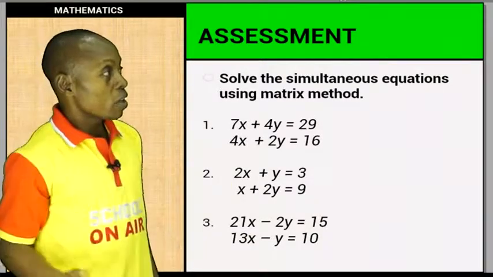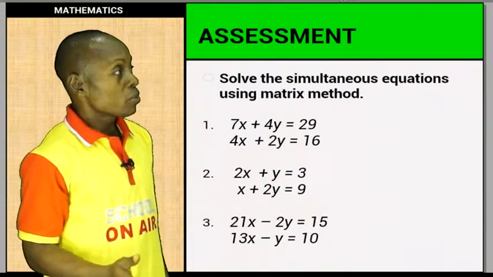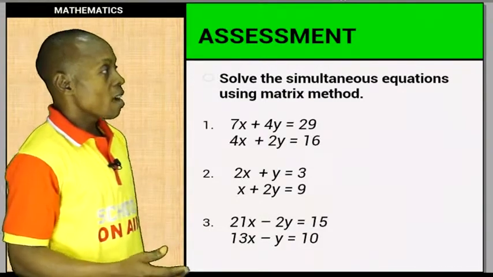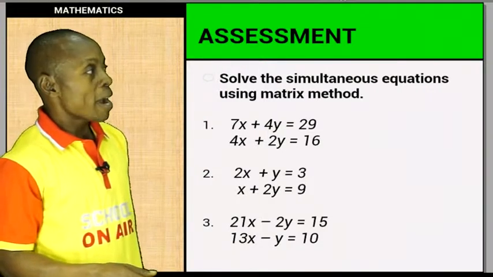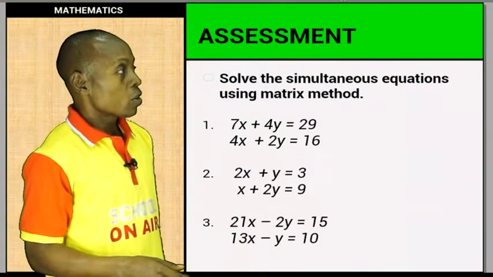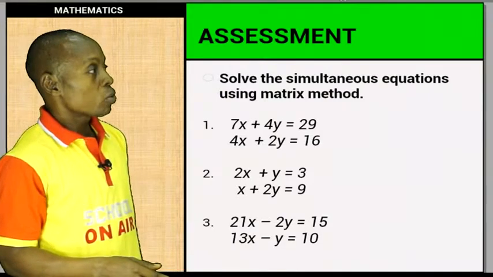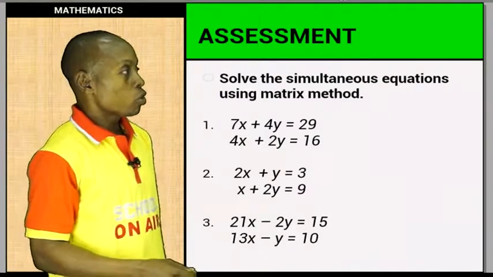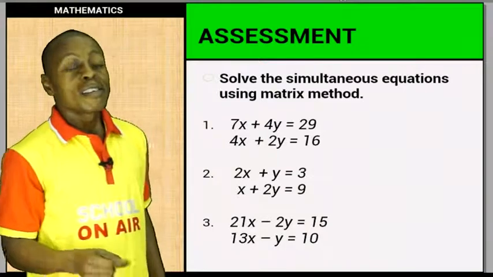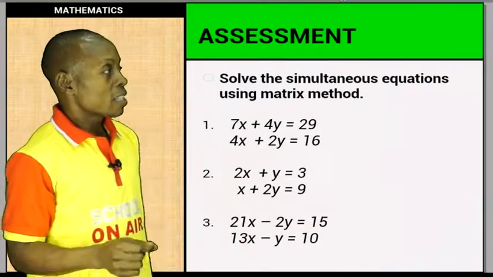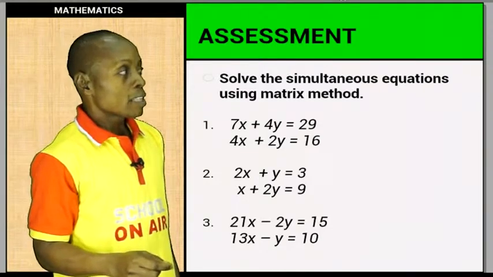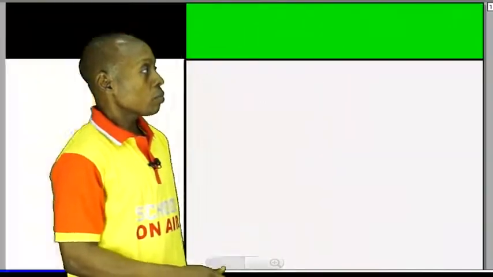So you have the question: solve the simultaneous equations using the matrix method. The first one is 7x plus 4y equals 29, 4x plus 2y equals 16. Second question: 2x plus y equals 3, x plus 2y equals 9. Then you have 21x minus 2y equals 15, 13x minus y equals 10.